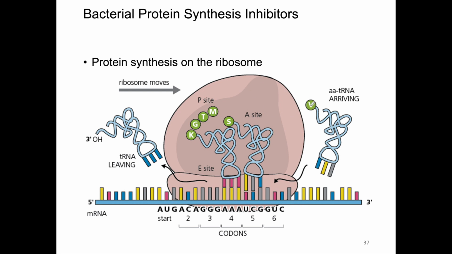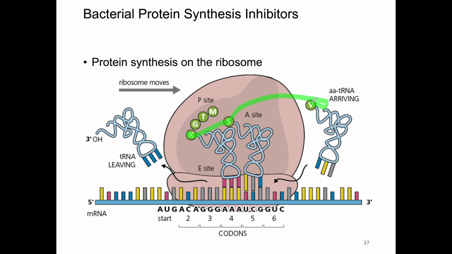The ribosome then binds the appropriate tRNA, and then the peptide is transferred from the P site to the A site. So the K, the lysine here, is then bound to the serine to extend the peptide, and then the ribosome moves along, and then with the tRNA binding here, the serine residue will then form a new amide bond with the valine residue, and so the peptide gets longer.